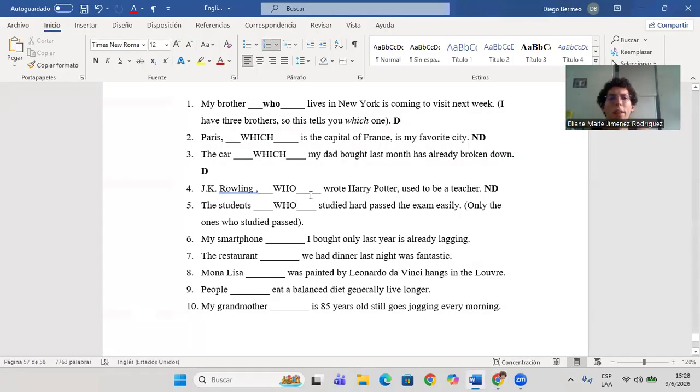Okay, I think that with that explanation, it's clear that it's who. The students who studied hard passed the exam, only the ones who studied. So this is crucial. This is defining, definitely.